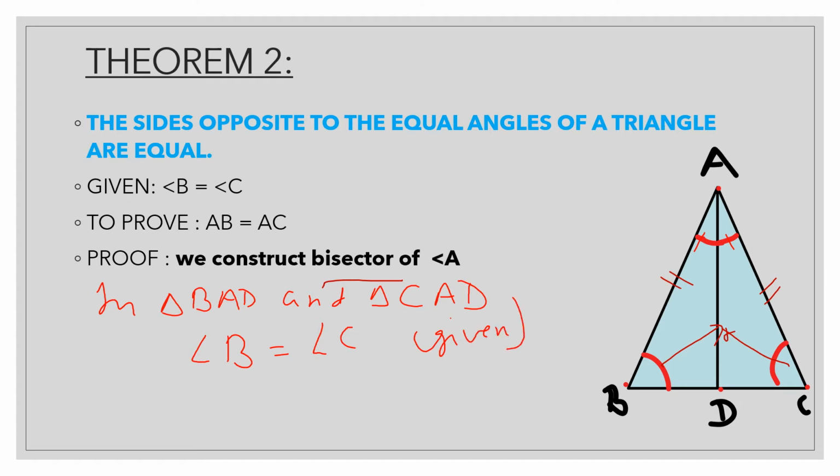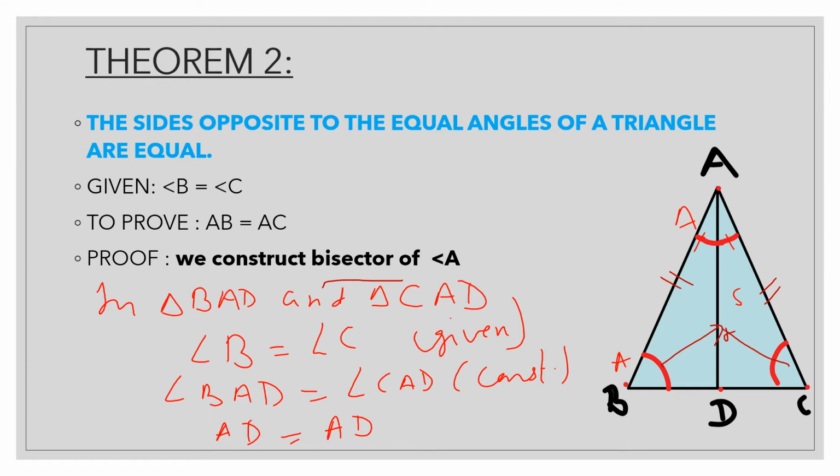Then you can write down angle BAD is equal to angle CAD by construction. The third one is AD line is common in both. So you have taken this angle, and this is your side.